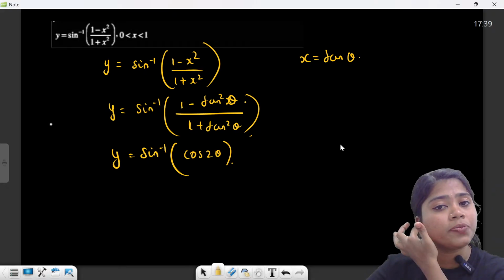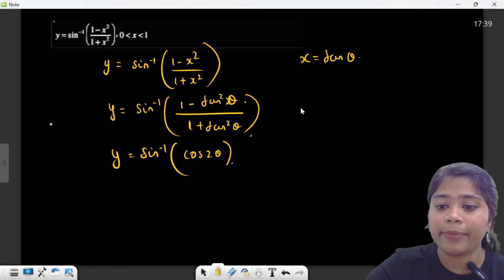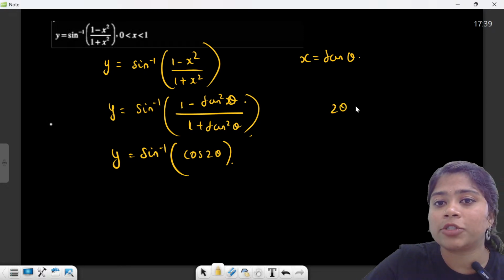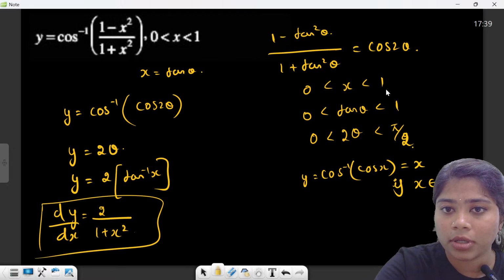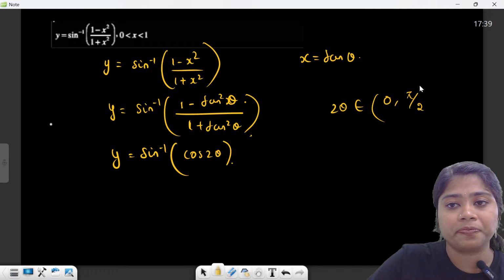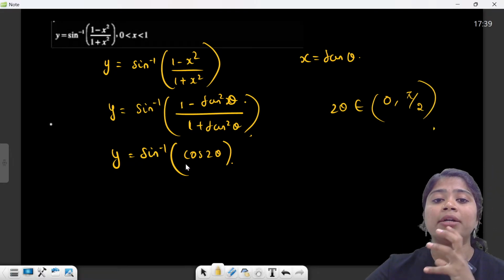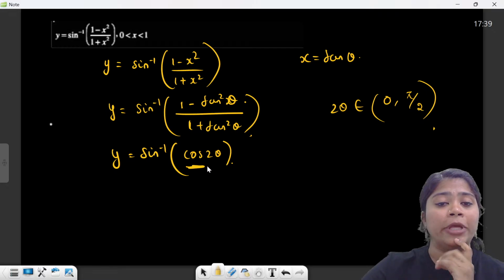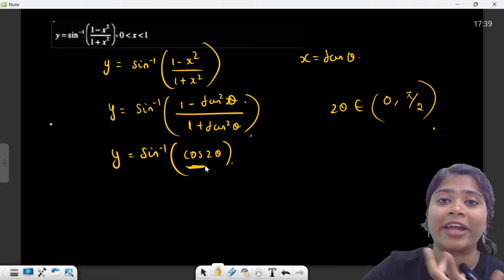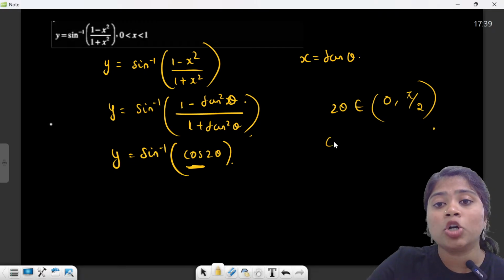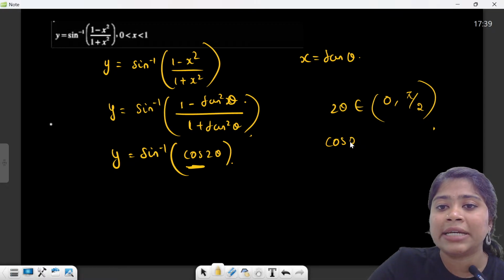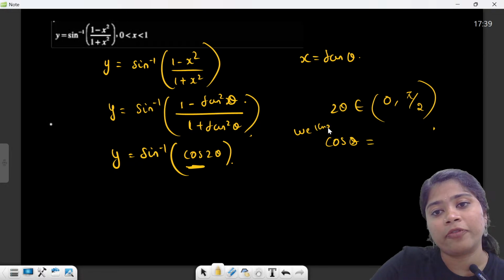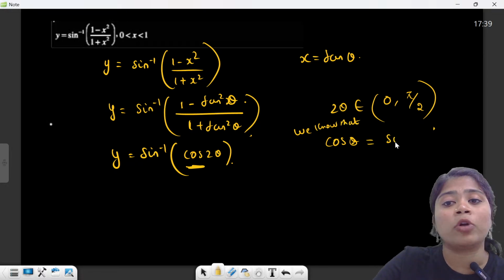Same case, 2 theta will belong to the interval 0 to pi by 2. Now I want this to be in terms of sine. How can I do that? We know that cos theta is equal to sine of (pi by 2 minus theta), no?